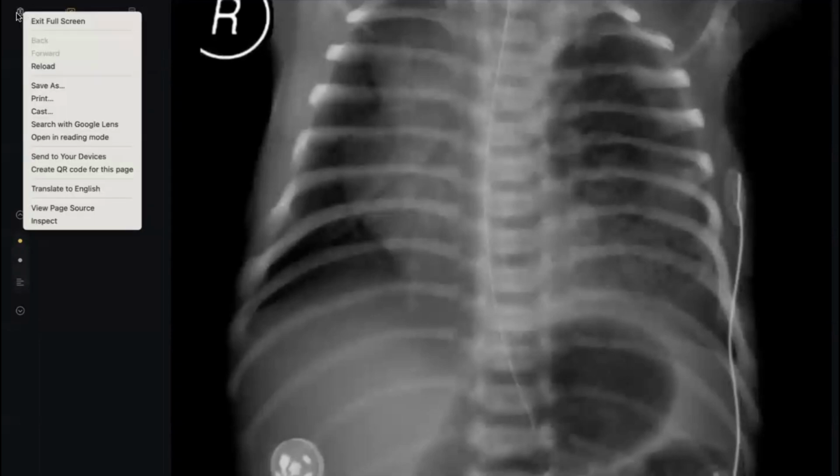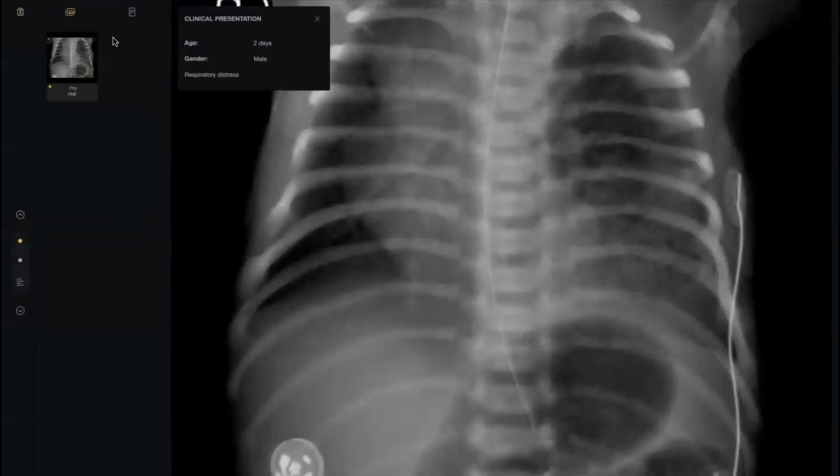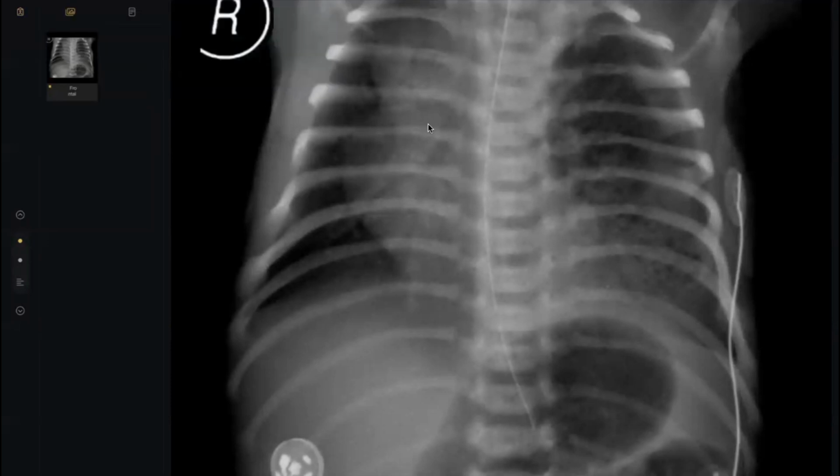Hello, doctor. This is a 2-day-old male patient presented with dyspnea. This is a chest radiograph, frontal projection, of a 2-day-old neonate with history of dyspnea.